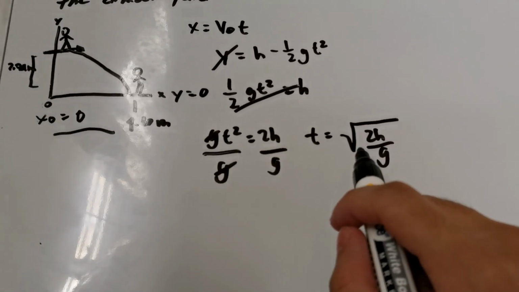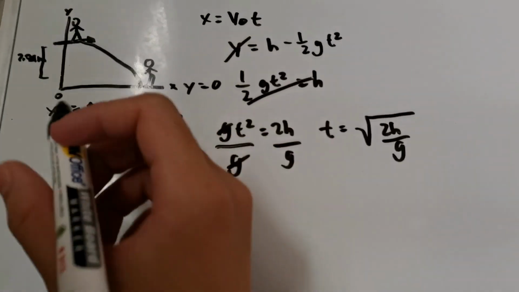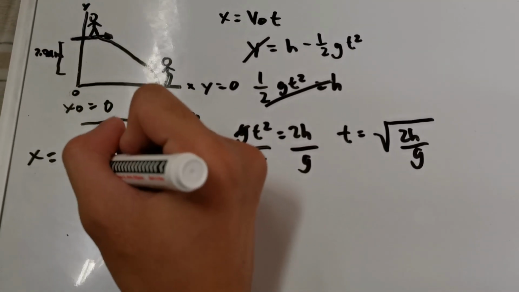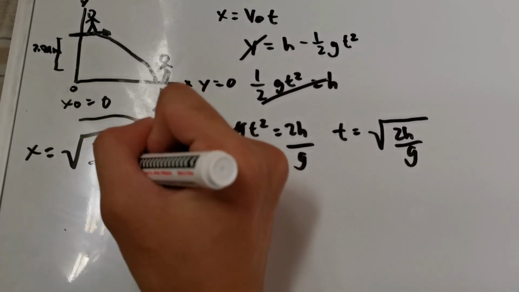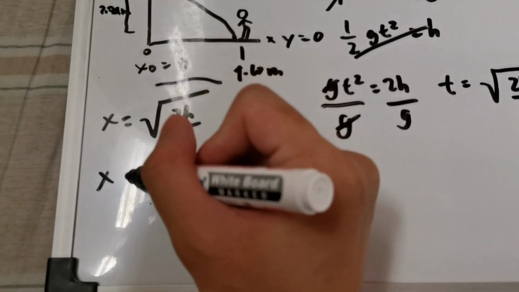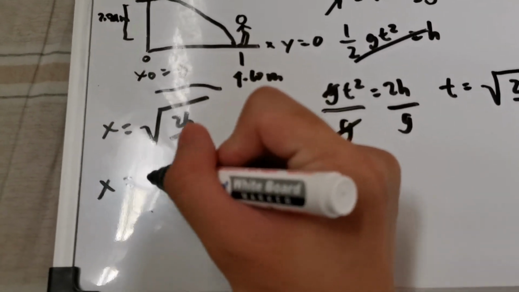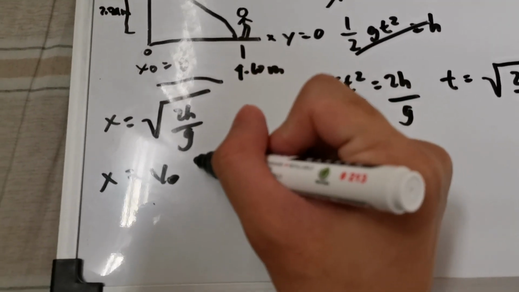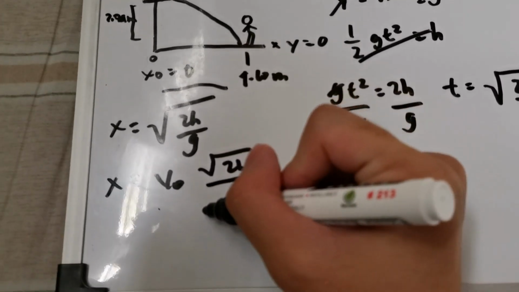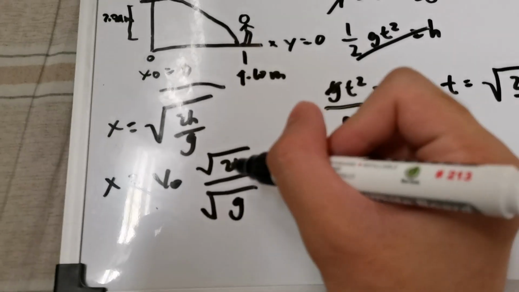So, nakuha natin time, so gagamitin natin ang equation na to. Ang lalabas dyan ay x is equal to v sub o times the square root of 2h over g. So, i-cross multiply natin siya.